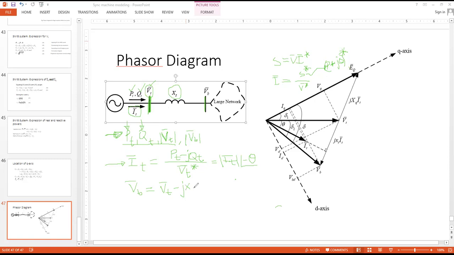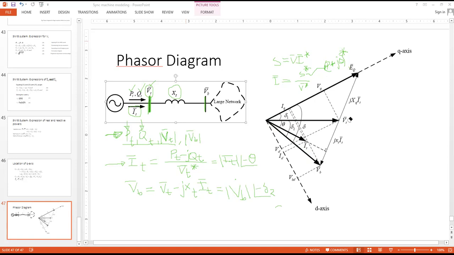So that is JXT into IT. Again, that would be some angle lagging because of this minus sign, lagging from the initial reference VT. So this is VB, and we take this angle as delta 2. So this is our angle minus delta 2.